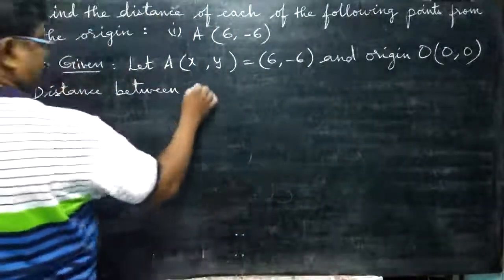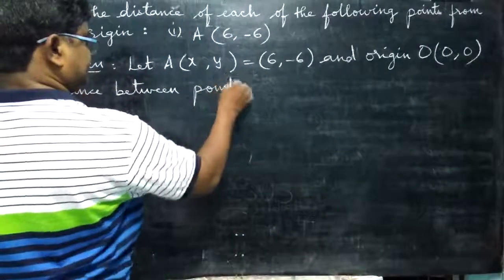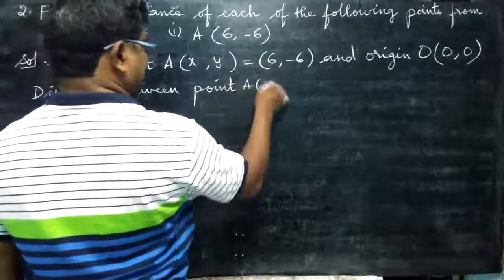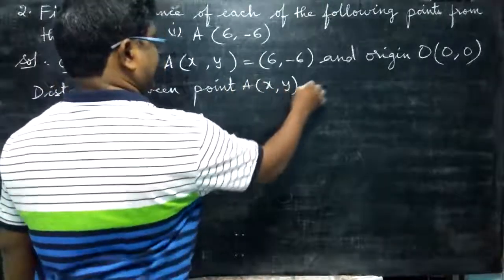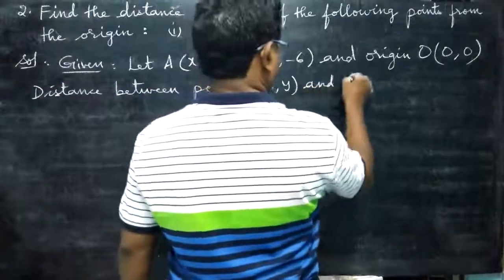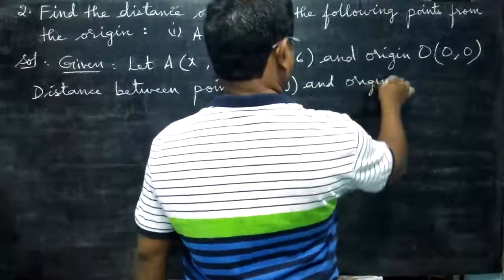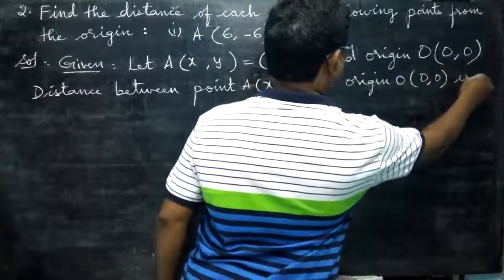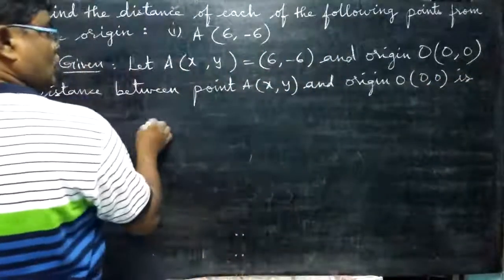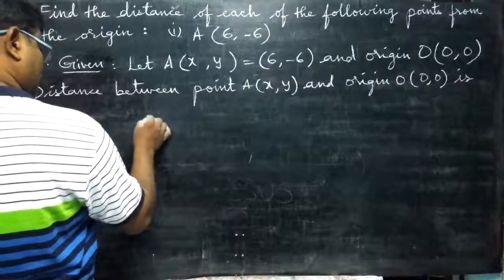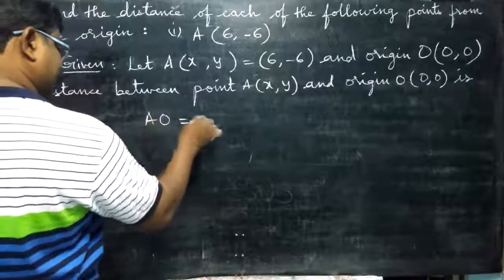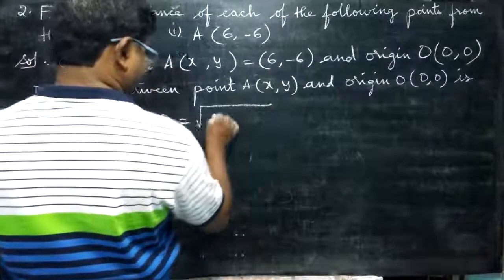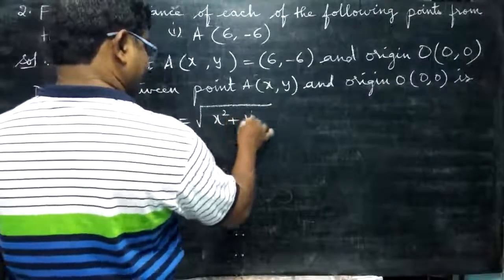Now the distance between point A x comma y and origin O 0 comma 0 is: AO is equal to square root of x square plus y square.